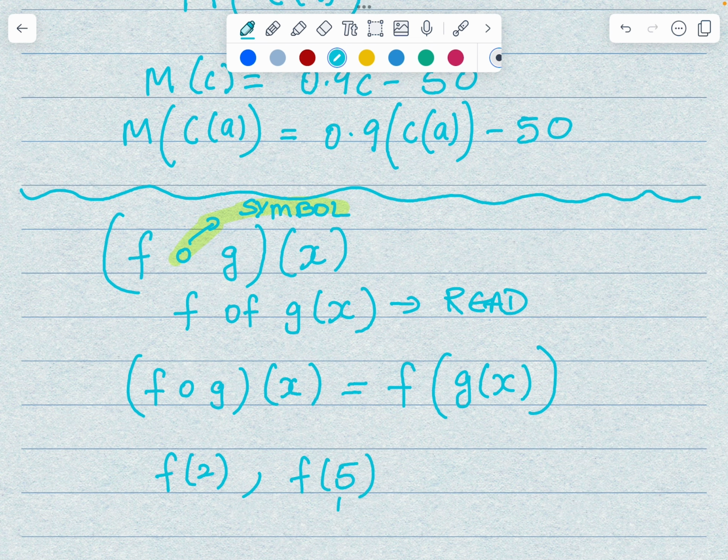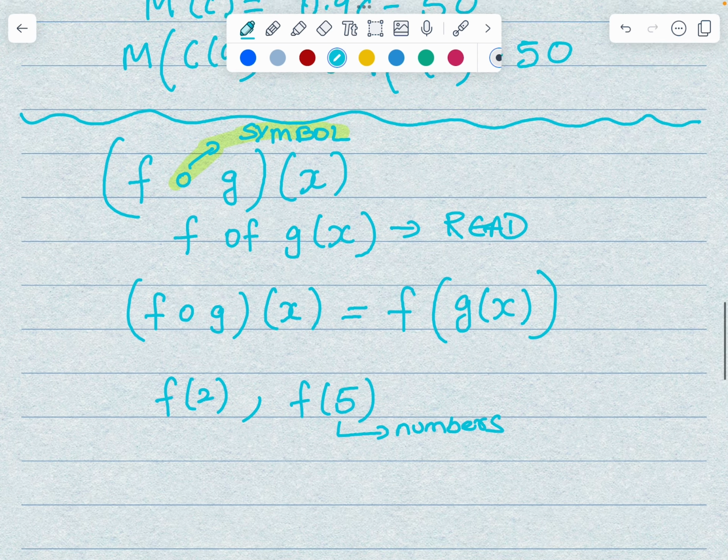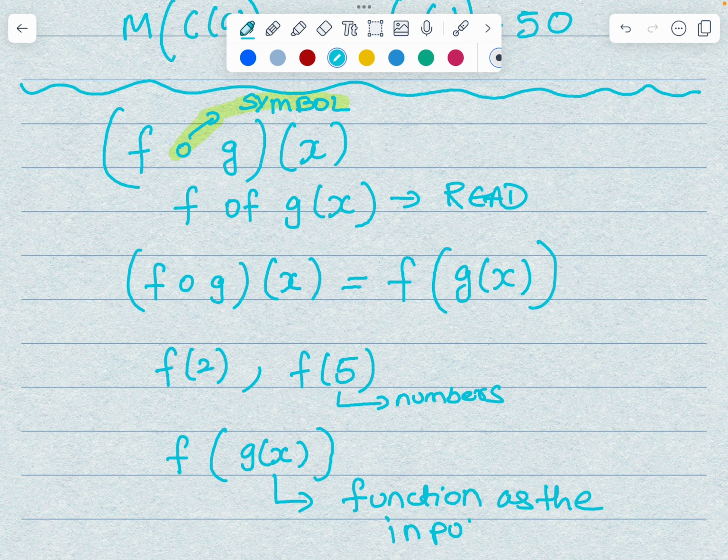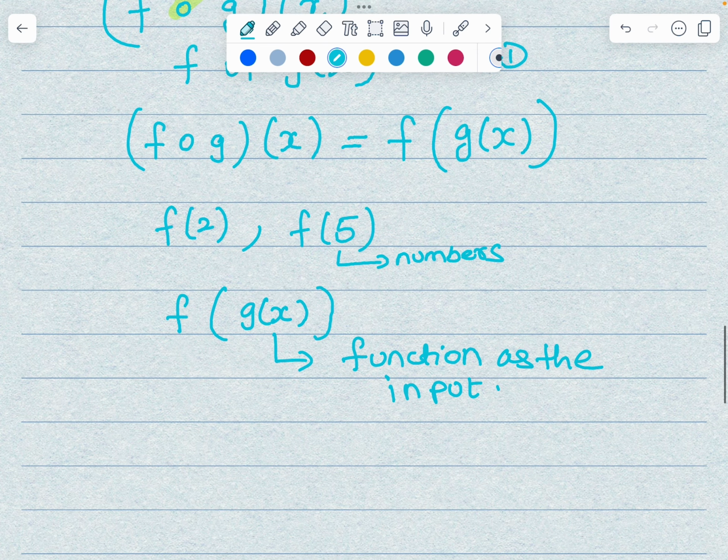We had only numbers here, but now you're going to have a function as the input. Okay, that's really all there is to composition of functions.